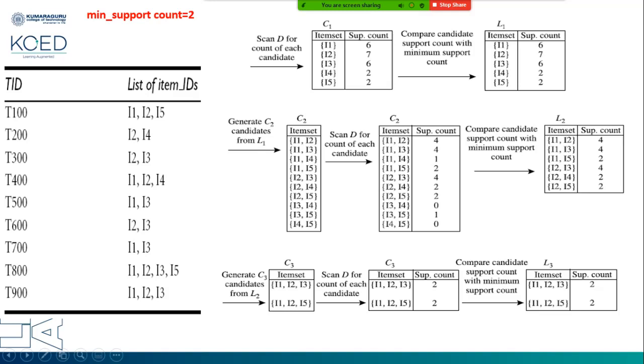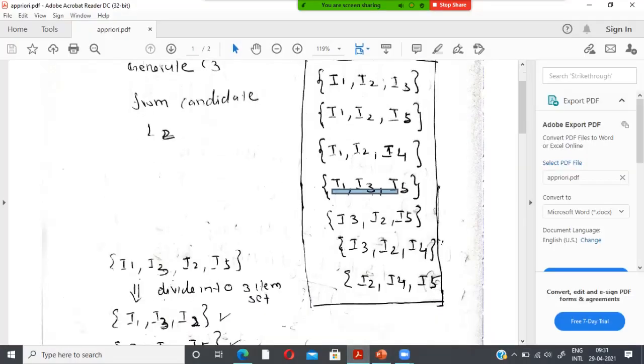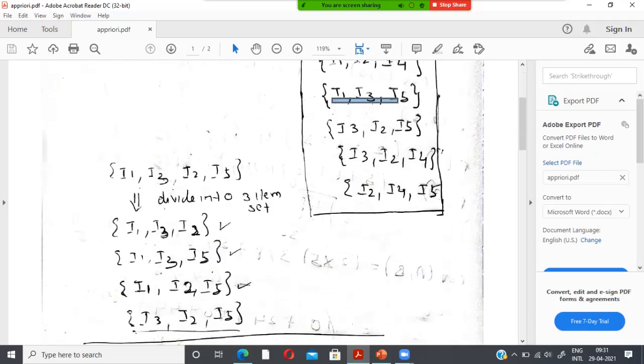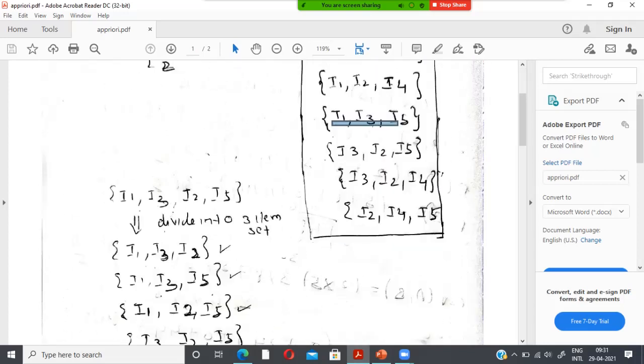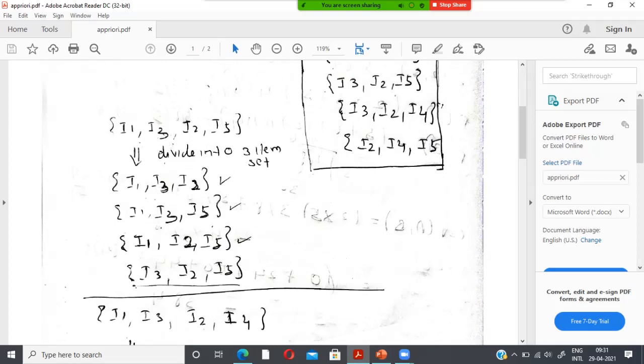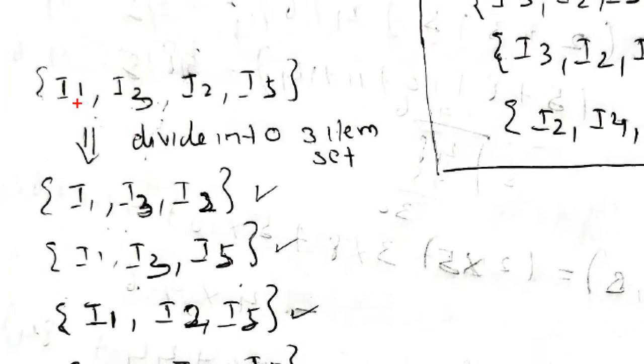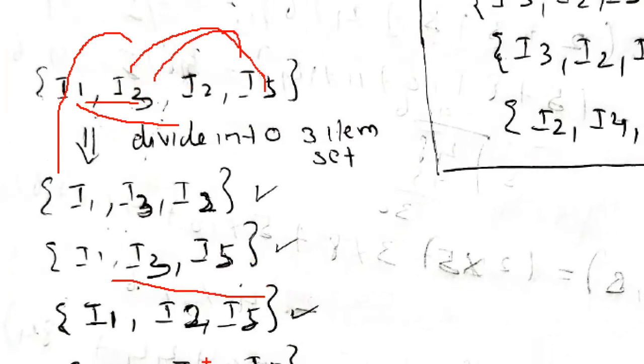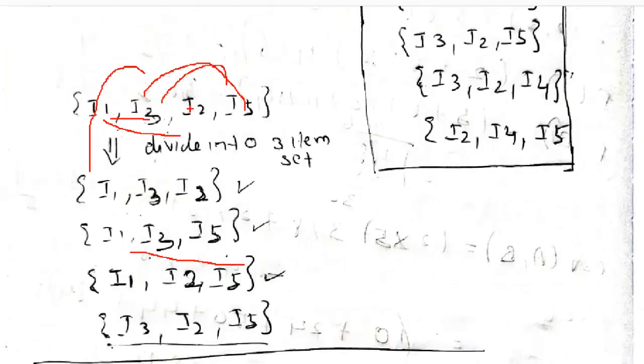Then I am comparing I1, I3 with I2, I5. This is a 4-item set, I1, I2, I3, I5, because there is no common item. So we have to divide it into 3-item sets: I1, I2, I3, I1, I3, I5, I1, I2, I5, and I2, I3, I5.